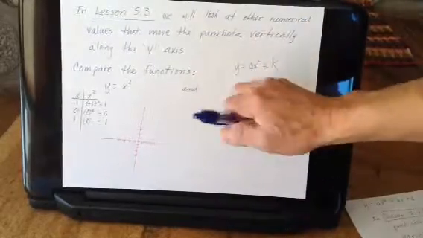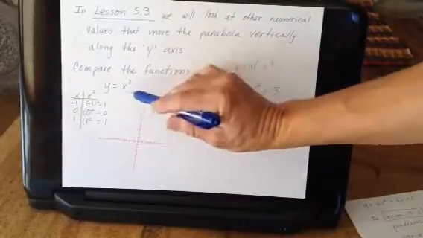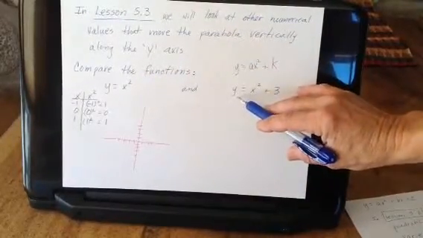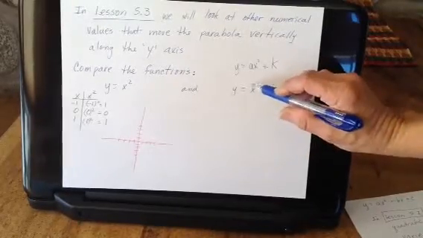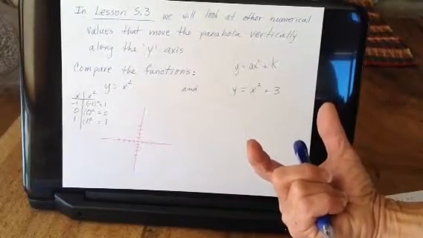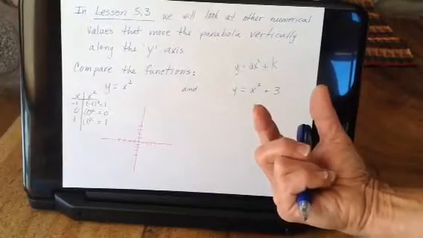Well, we're going to look at two different functions. We're going to look at y equals ax squared, where a is just positive 1. We're also going to look at y equals ax squared plus 3, where again a is 1, so the graphs are going to open upward because they're both positive, and they're both going to be the same width.